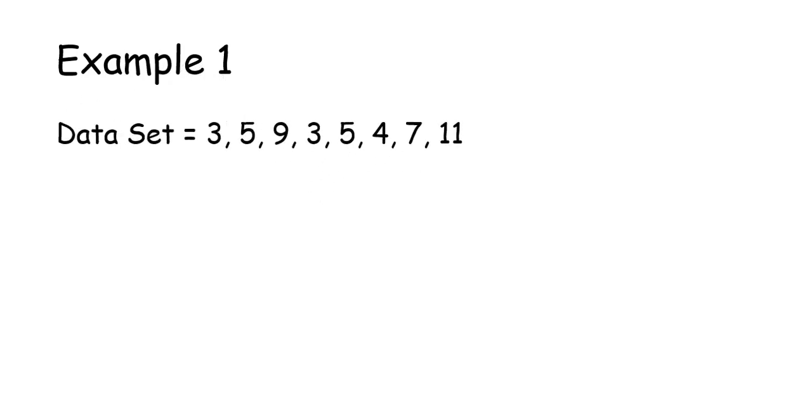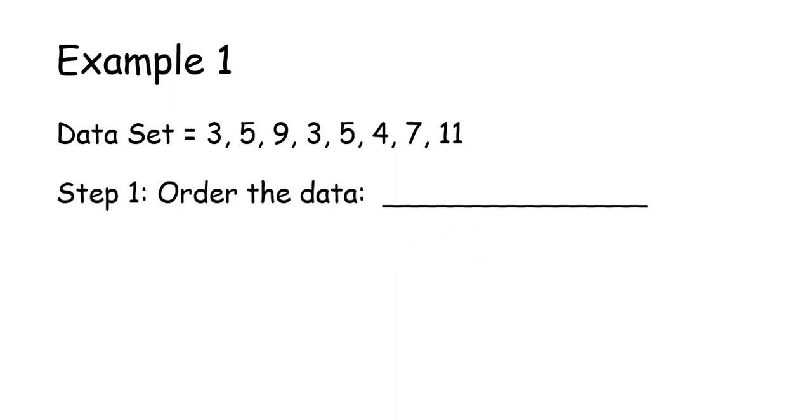So, okay, I didn't change the slide. It says example 1 again, but it's example 2. All right, so here's your data set. 3, 5, 9, 3, 5, 4, 7, and 11. Step 1. Order the data. So it looks like that.